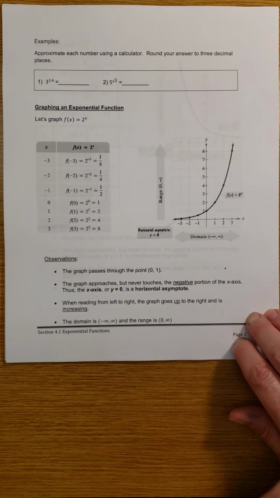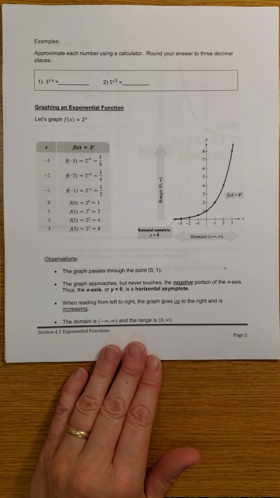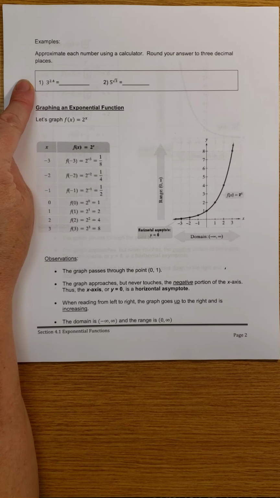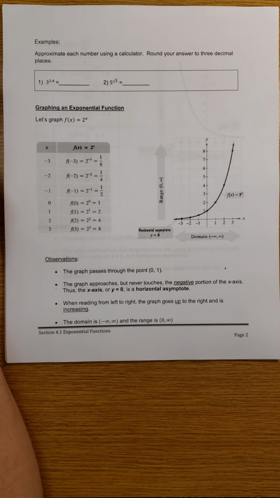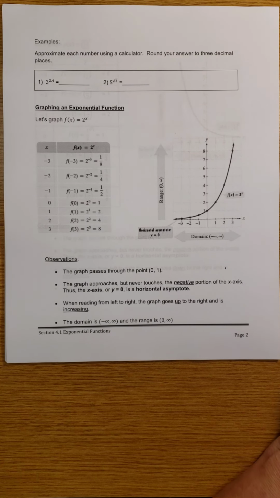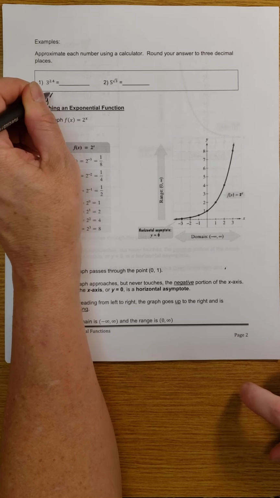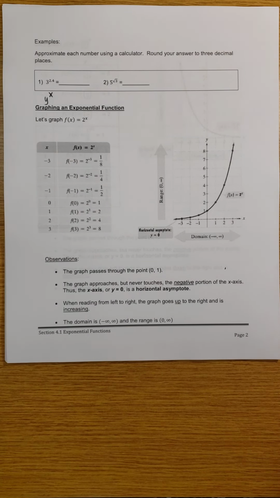Okay, looking at the next page, we are asked in these examples to use a calculator to approximate each number. The calculator function that you're going to be looking for might look something like y to the x.